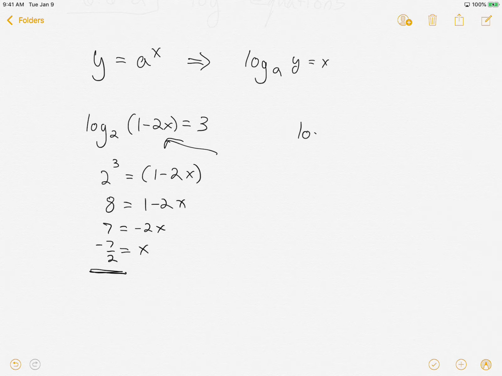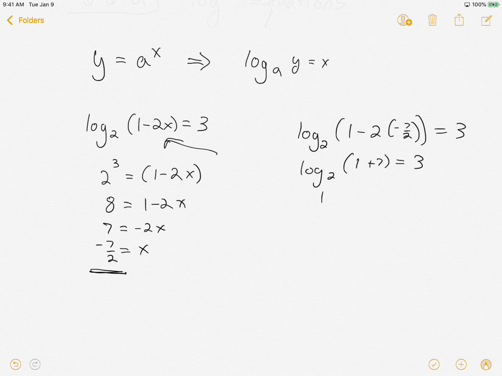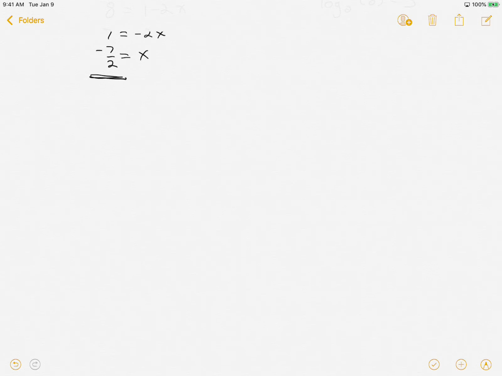So if I plug in our answer, you see that that part inside there simplifies to 1 plus 7, and then that's log of positive 8, which is perfectly okay. We can take log of positive 8. So that answer is fine. So we always need to check our answers.